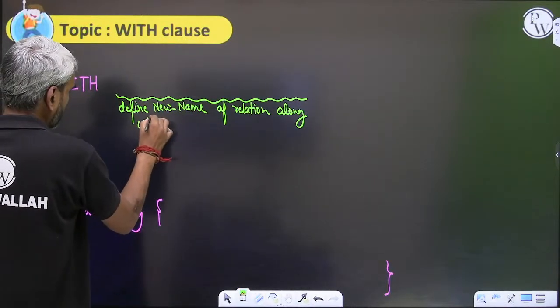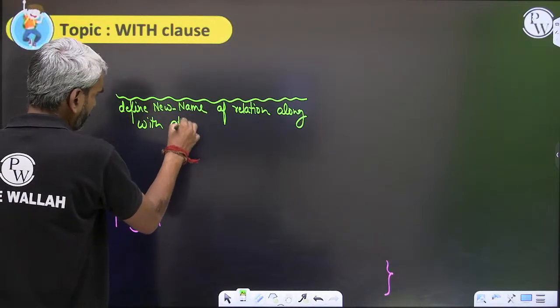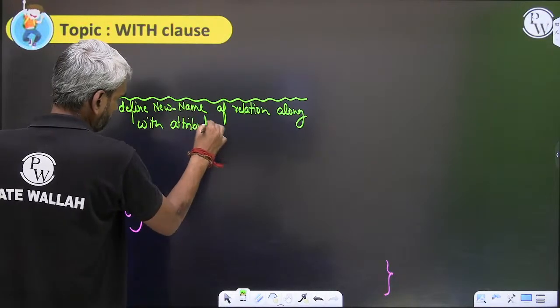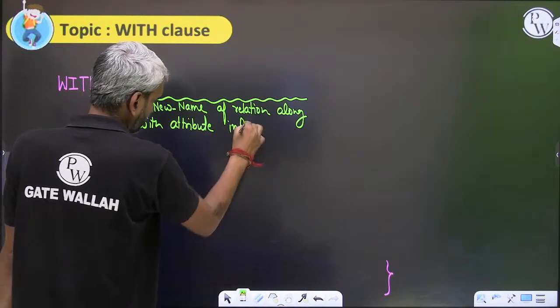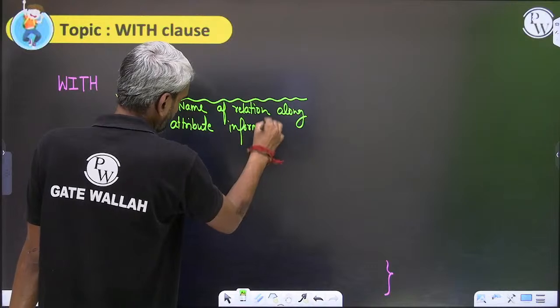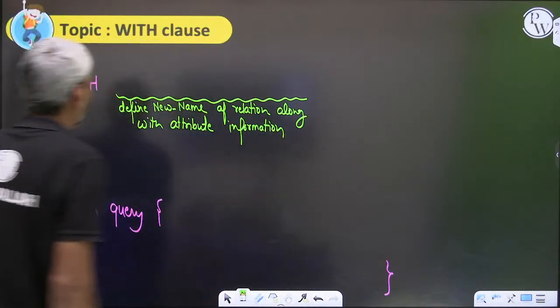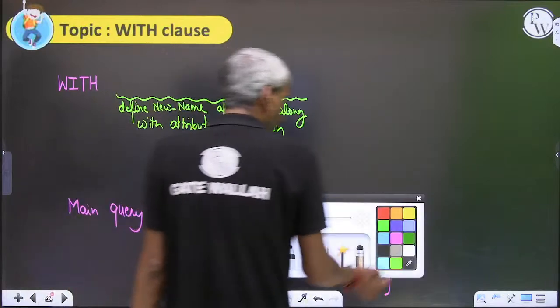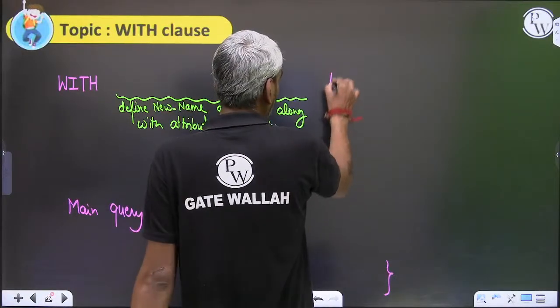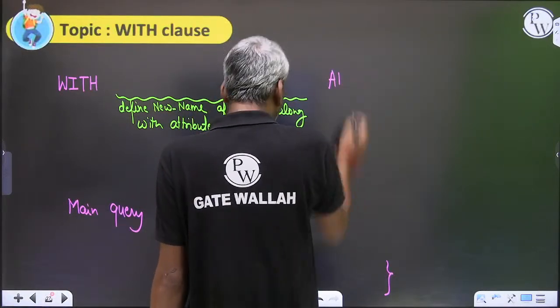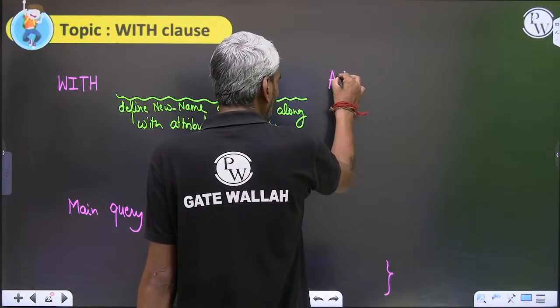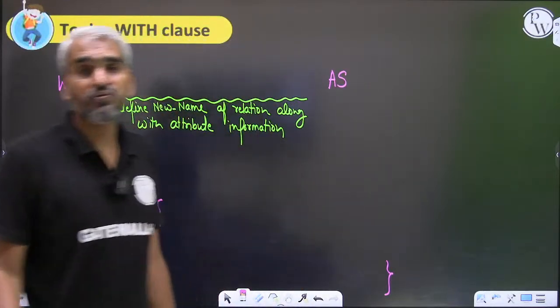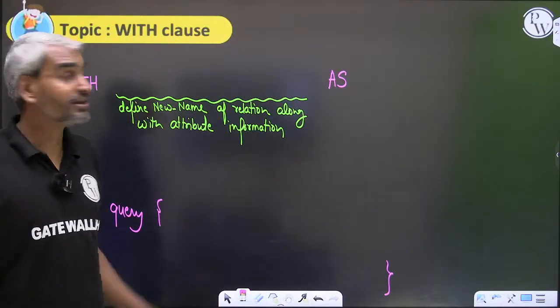Define a new name of the relation along with attribute information. Then you will have the as clause. With as behaves differently. With as is different from as. Now what will happen?